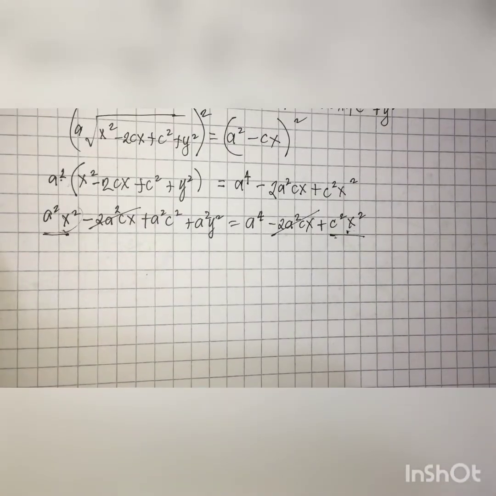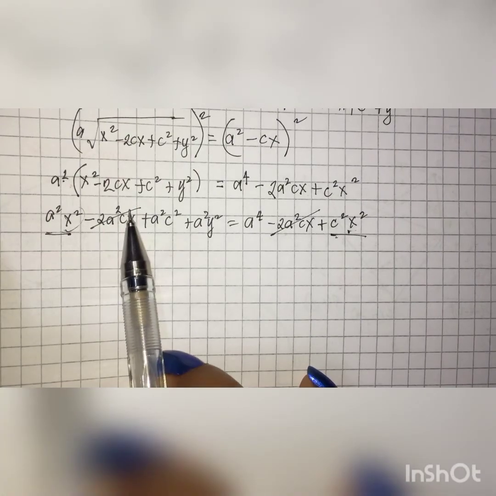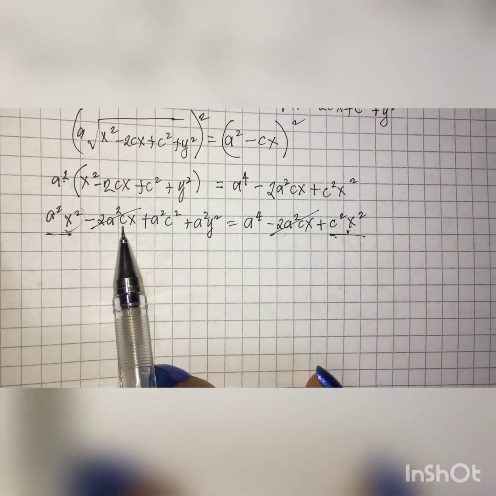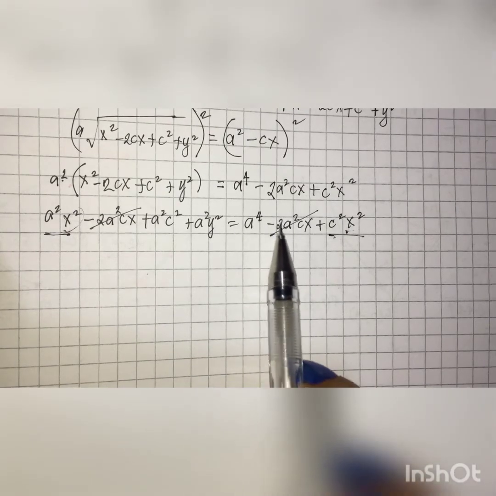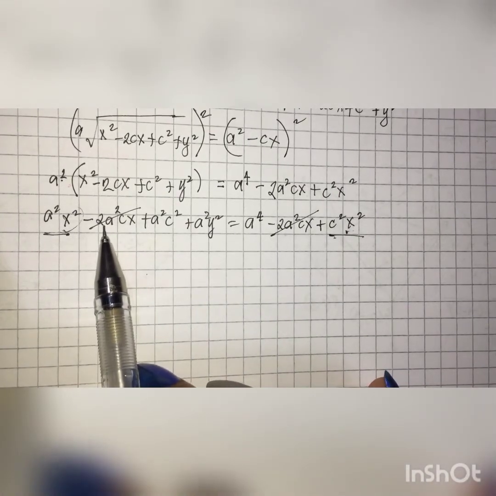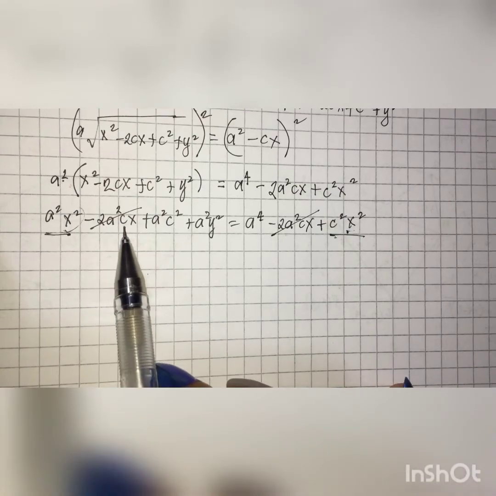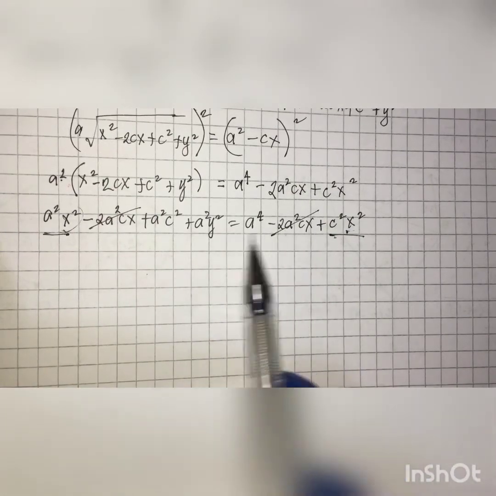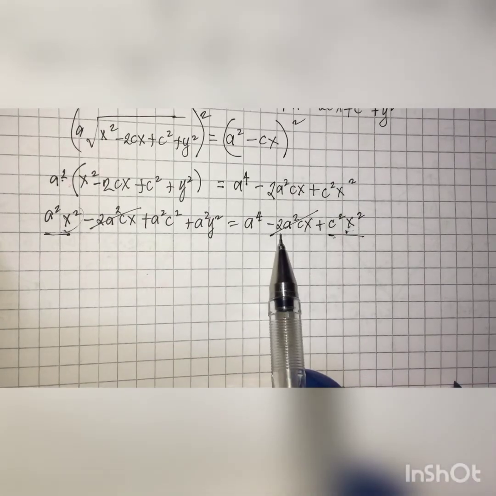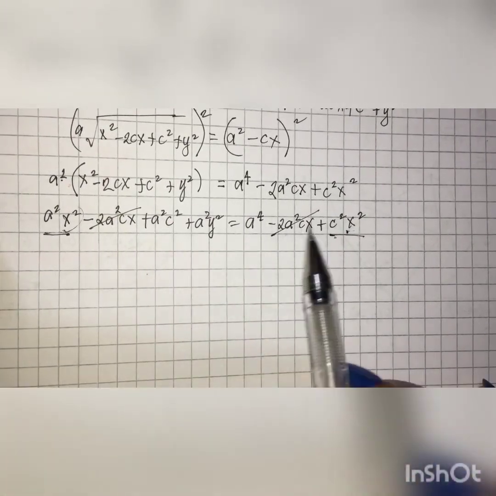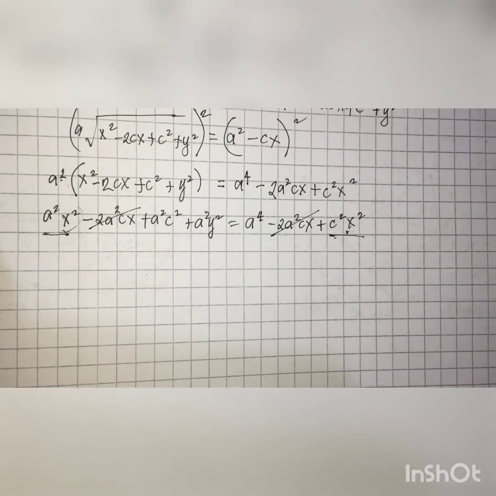And then we cancel negative 2a squared cx since it has the same sign, the same variables a squared cx, and the same coefficient 2. So they are equal, so we can cancel this.